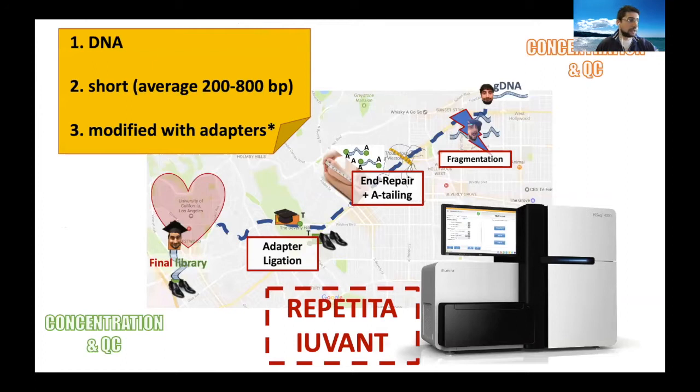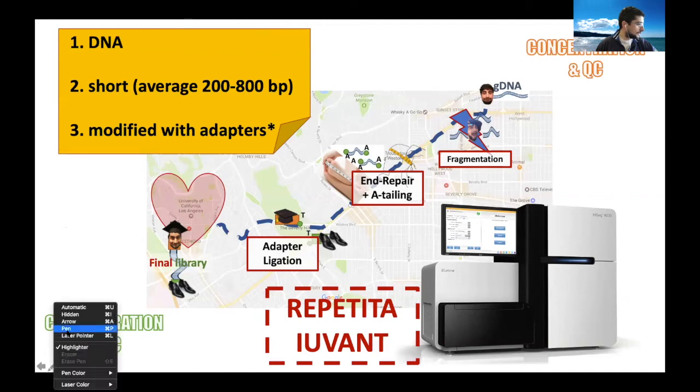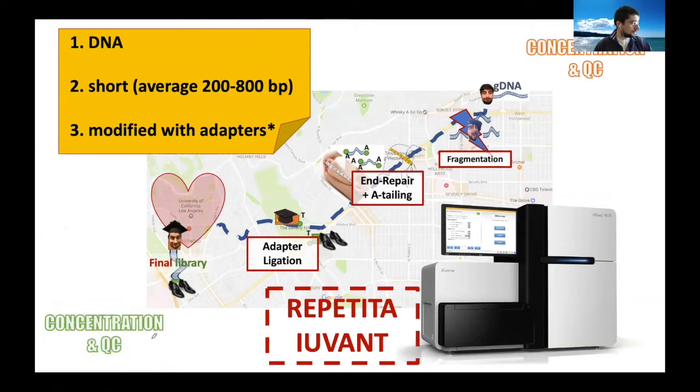All right, so if you remember yesterday, we basically discussed library preparation, and what we've done yesterday is how to measure the DNA. As you remember from yesterday, we used two methods to measure the DNA. One is the nanodrop, which is a spectrophotometric method, giving us the presence or absence of contaminants.